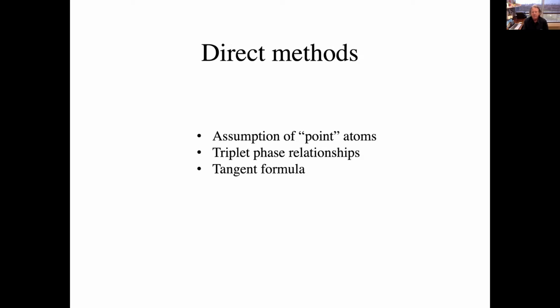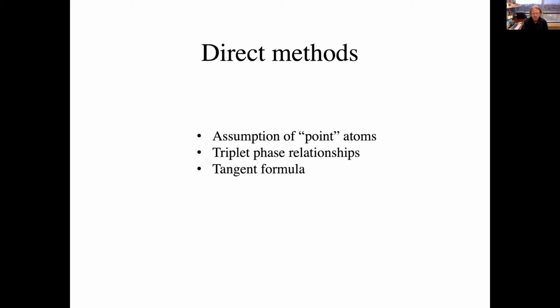So how do you get these phases directly? I mean, this has been a challenge of crystallography from the beginning. It's a very difficult problem, but people have made headway making a few assumptions, including the assumption of point atoms.